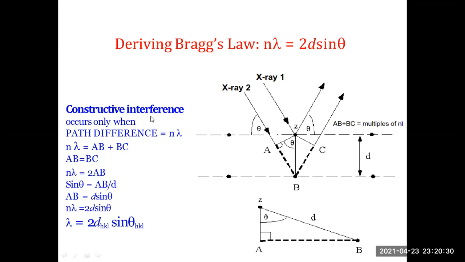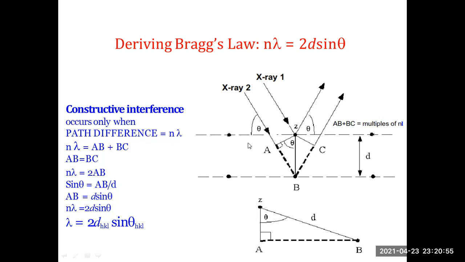Constructive interference, you already know, occurs when the path difference is equal to n lambda. You just studied this in Young's double slit experiment. In the same way, here whenever constructive interference takes place, the path difference is equal to n lambda.